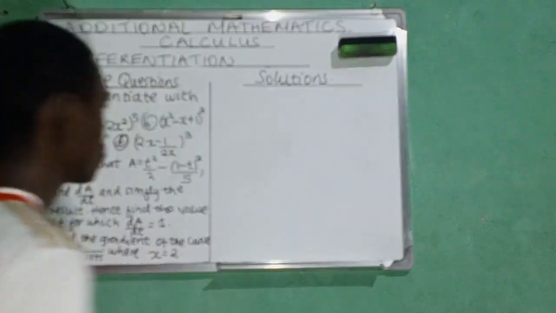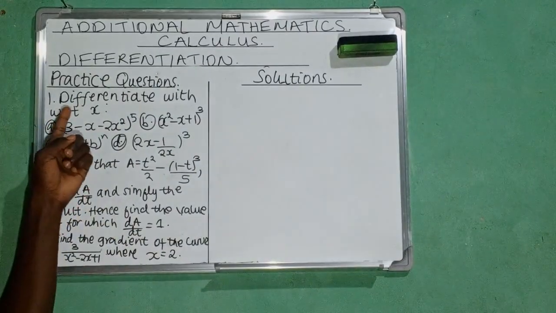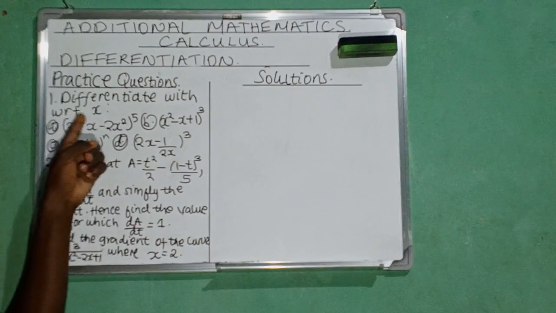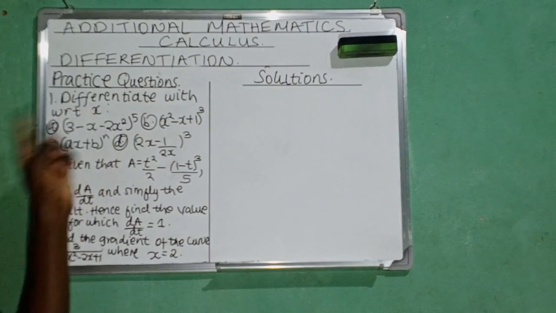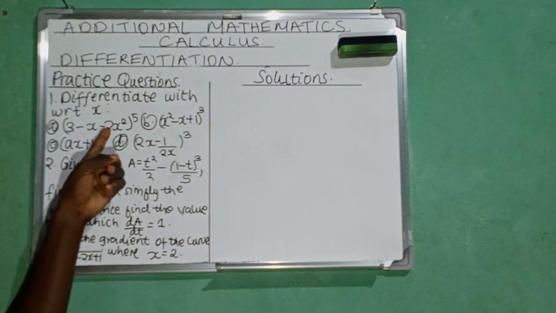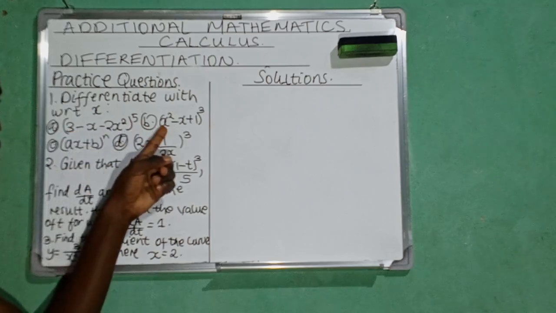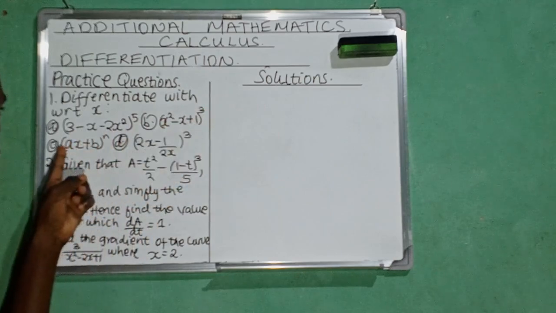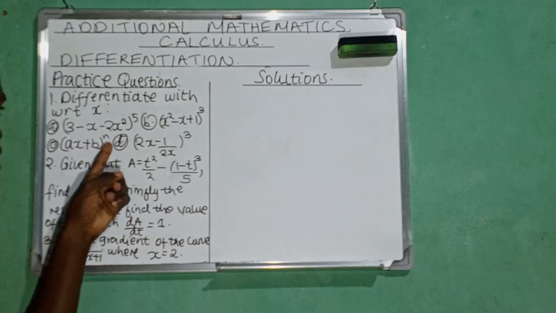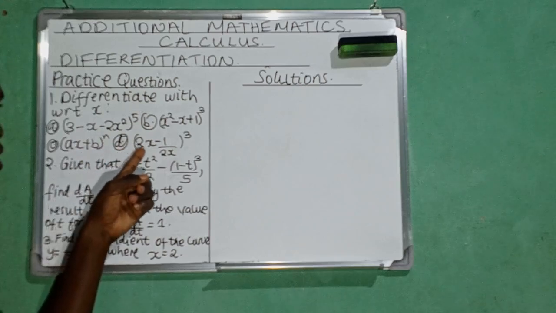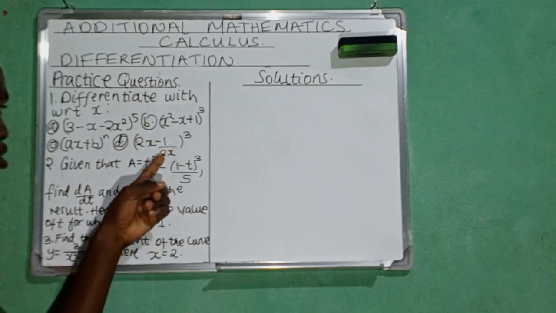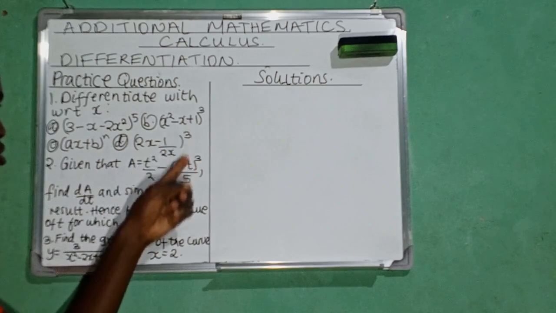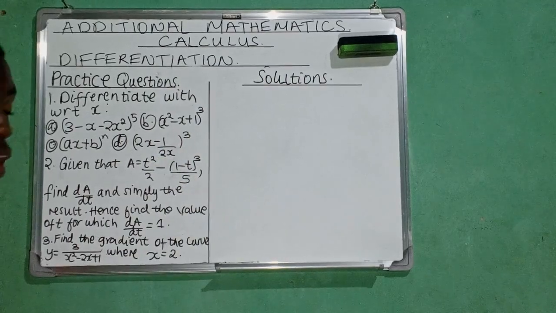So we have this question which is saying differentiate with WRT, meaning with respect to x: a, 3 minus x minus 2x squared raised to the power 5; b, x squared minus x plus 1 raised to the power 3; c, ax plus b to the power n; and then d is 2x minus 1 divided by 2x, everything raised to the power 3.